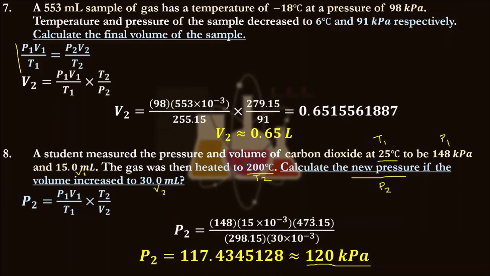If you converted it to Kelvin and then used the significant figures available, you'd still find overall it's still 3 significant figures, so it doesn't actually change the overall rounded answer we have here. Okay, so that is the answer to 8.